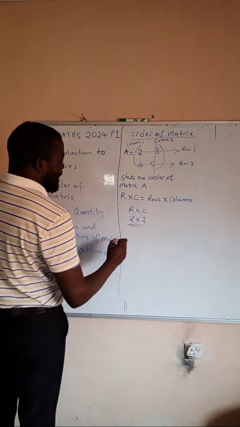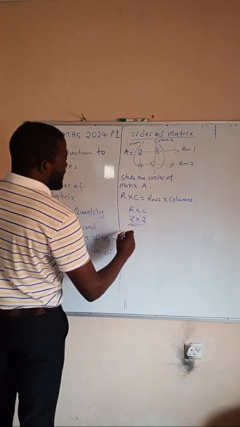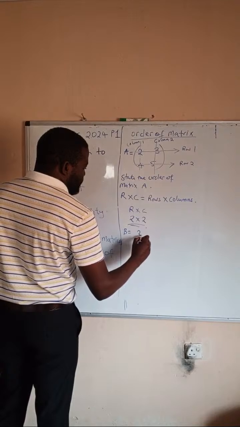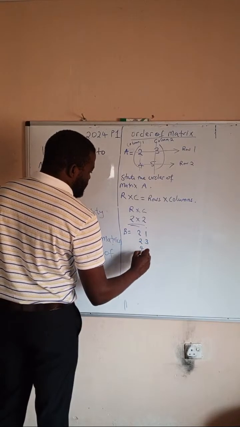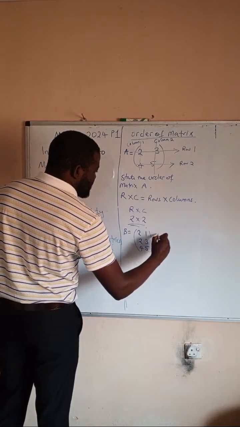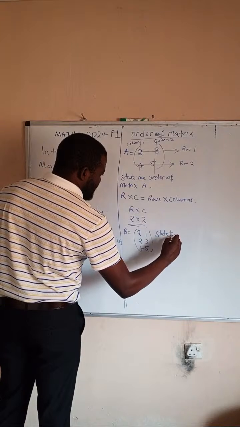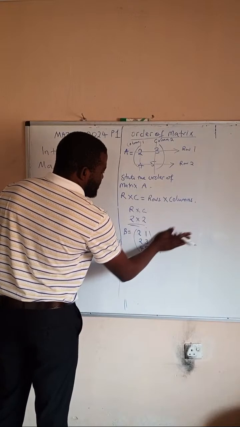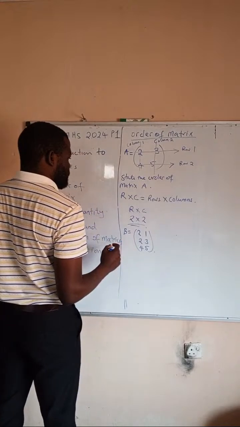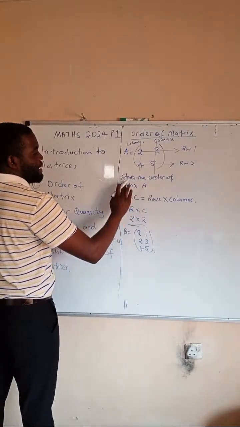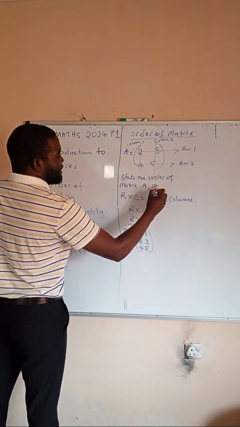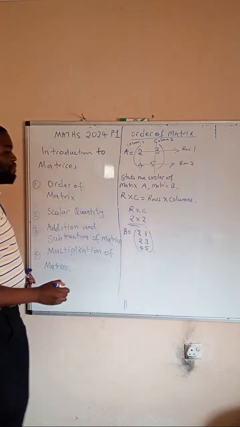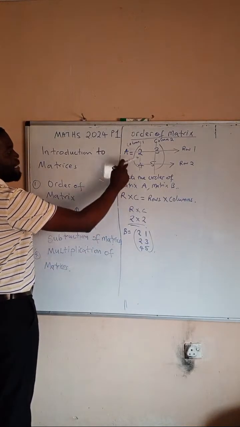Okay, so if I give you another matrix, which I name B, 1, 2, 3, 4, 5, and then I ask you to state the order of matrix B. Of course, matrix A is this one, and we have stated its order.